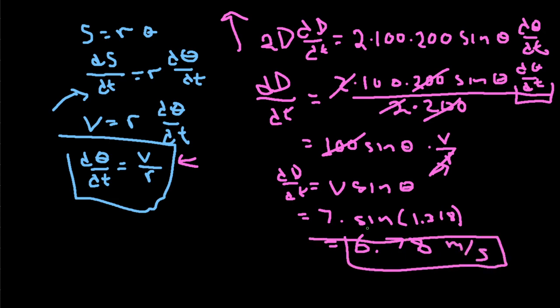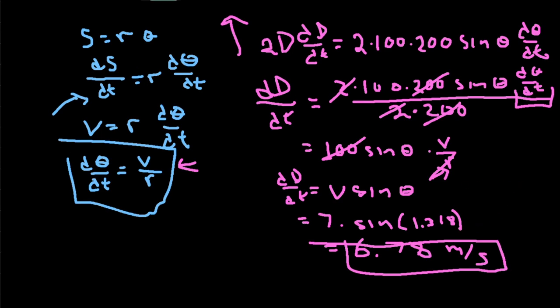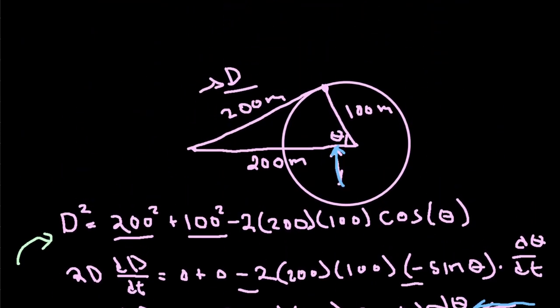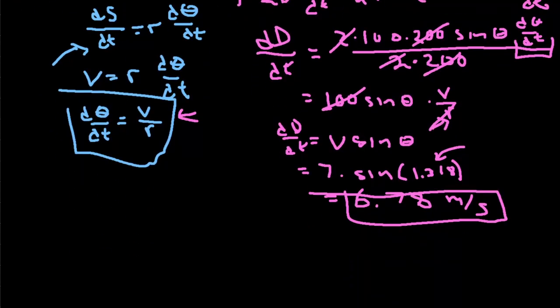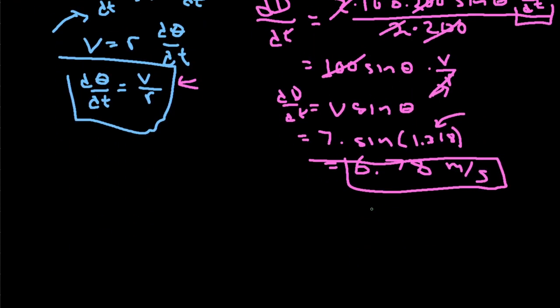Now, one thing to note is there's actually two angles where this can work. If we look at the triangle up here again, there's the one that you see here, and then there's this configuration here. And that's the reference angle that you can use. If you were to use that other angle, you're going to get negative 6.78 meters per second.